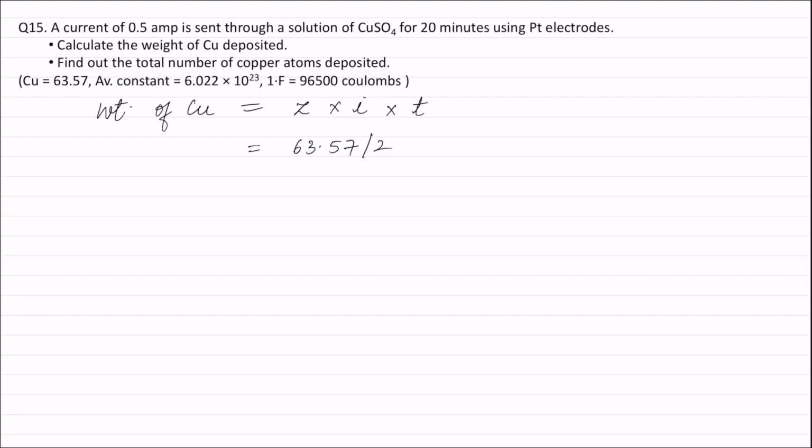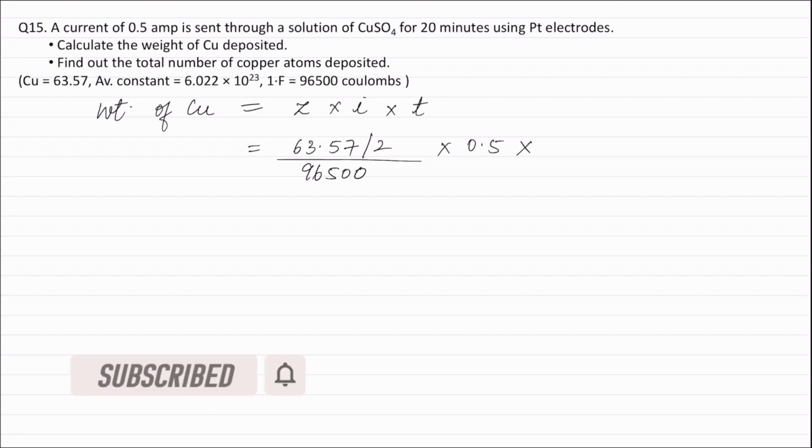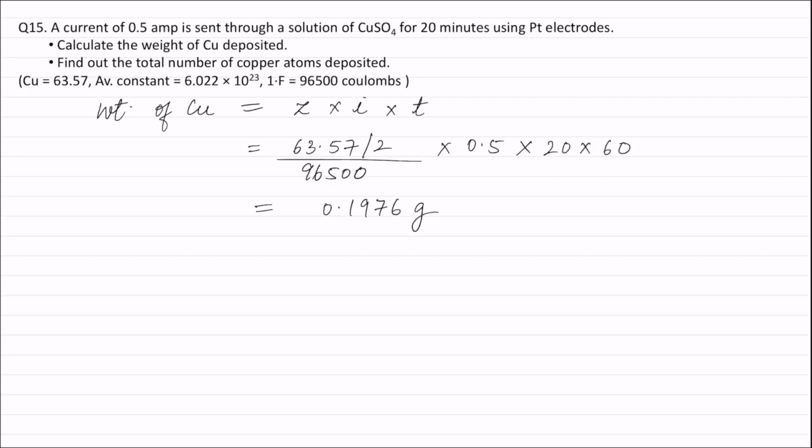This equivalent weight divided by 96500 coulombs will give the value of Z. Value of Z multiplied by value of current, which is given as 0.5 ampere, into time, which is 20 into 60 seconds. Solving this equation, weight of copper deposited is equal to 0.1976 gram.